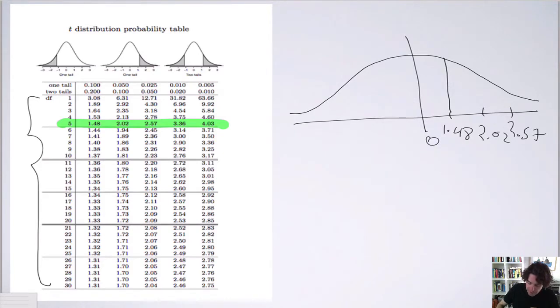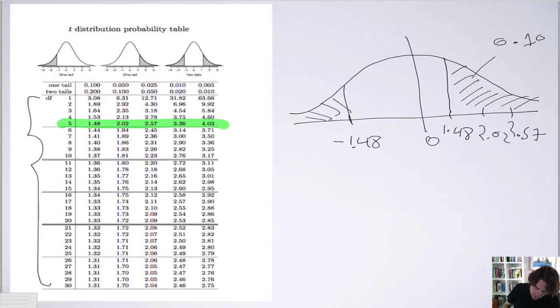So that means that the area to the right of 1.48 is 0.10. And because it's symmetric, the area to the left of minus 1.48 is also 0.10. And similarly, the area to the right of 2.02 is 0.05.